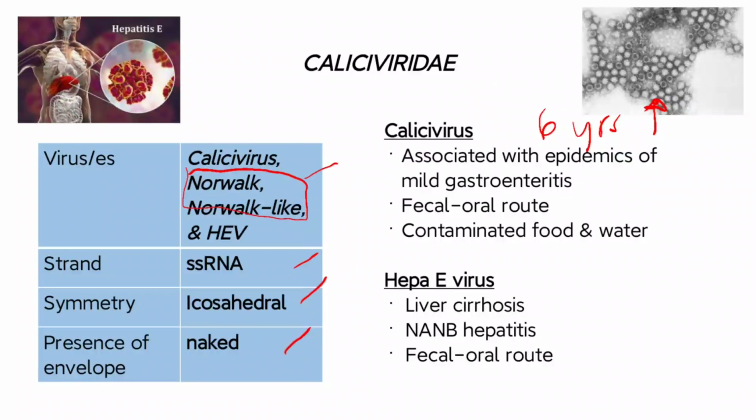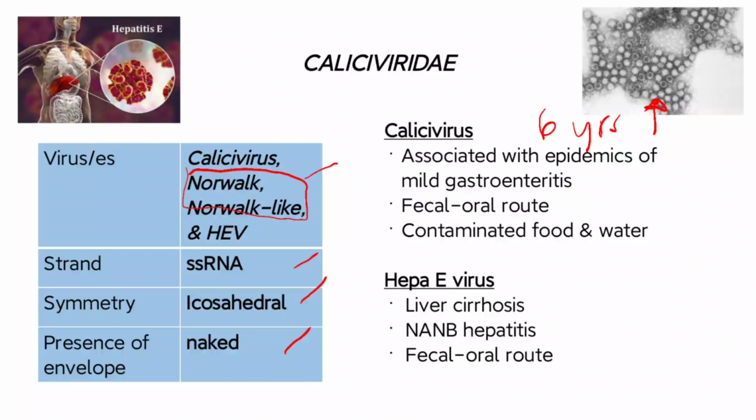Okay, so yan yung difference niya kay rotavirus. So similar siya kay rotavirus na gastroenteritis. Itong calici, mild lang, and 6 years old above siya madalas tumama. Okay? So, fecal oral route din to, and contaminated food and water.